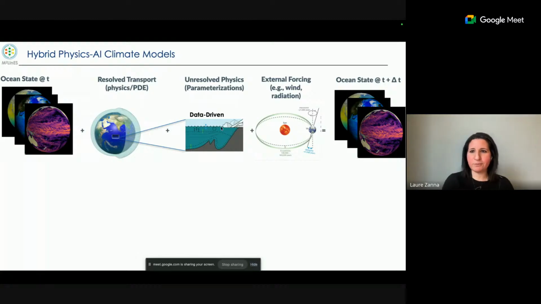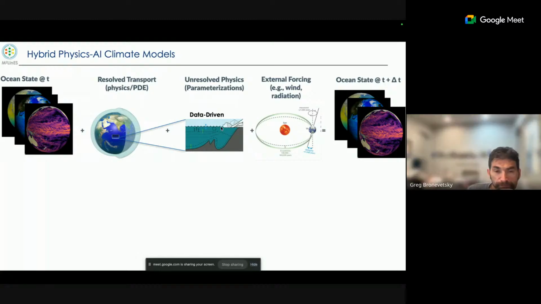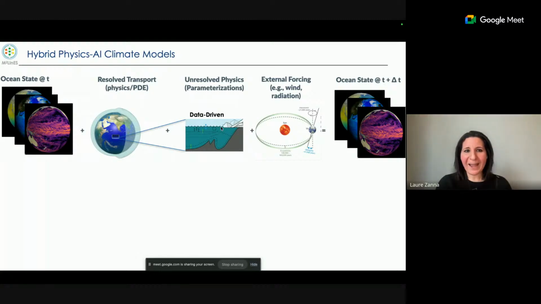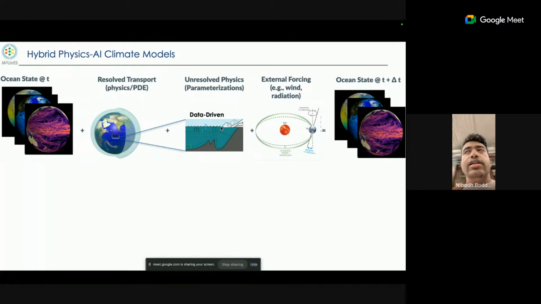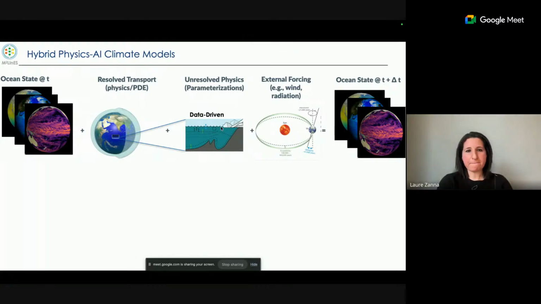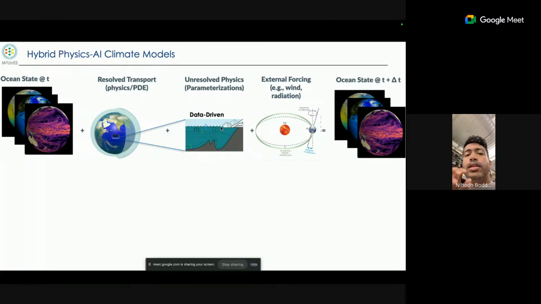So I think I hear a question, right? Yes. Hi. I had a question about the unresolved physics. For example, is that something like you take the smallest grid cell and have your largest eddy or largest vortex be of that size?